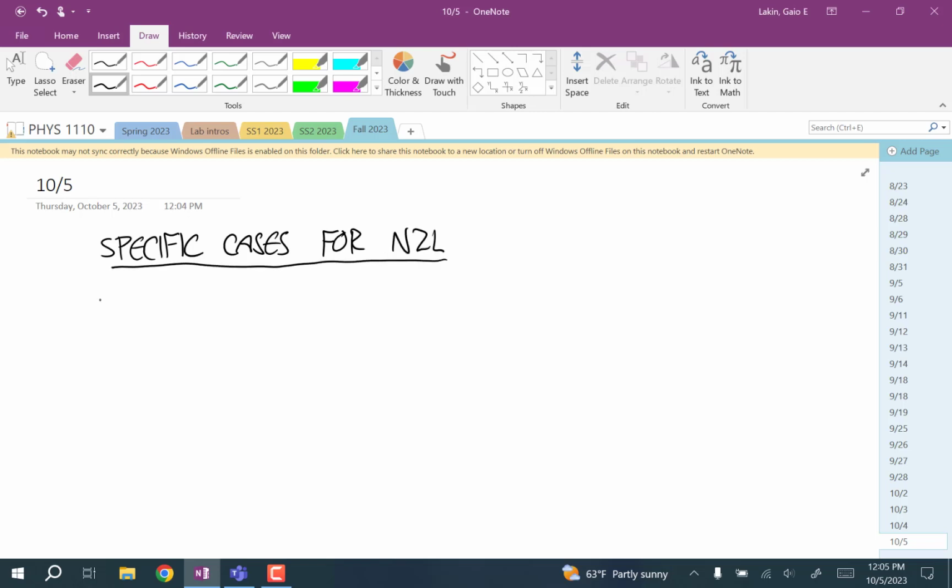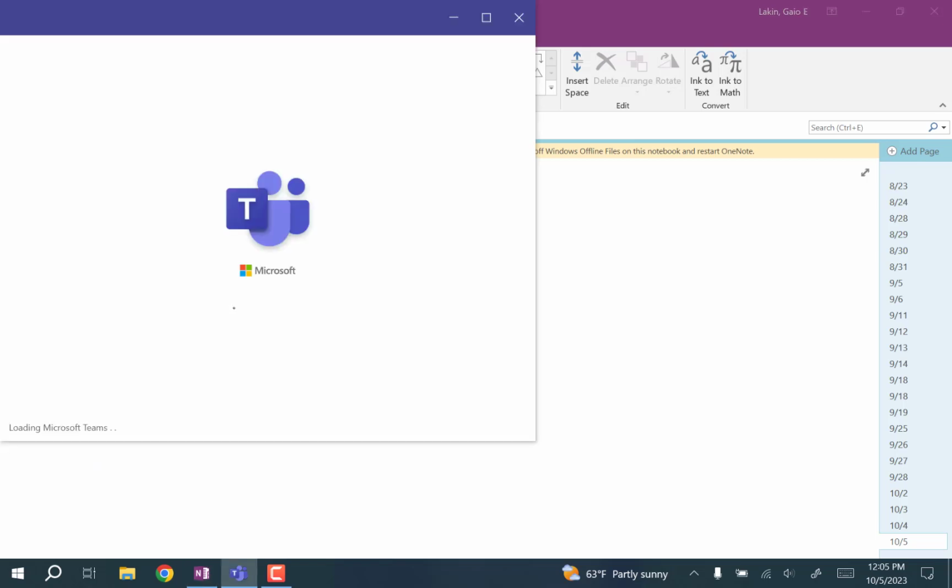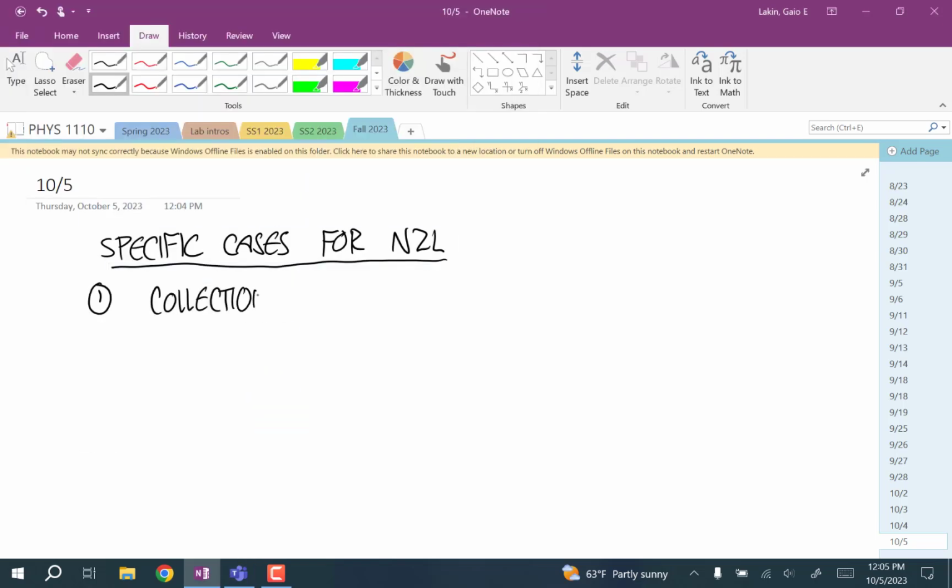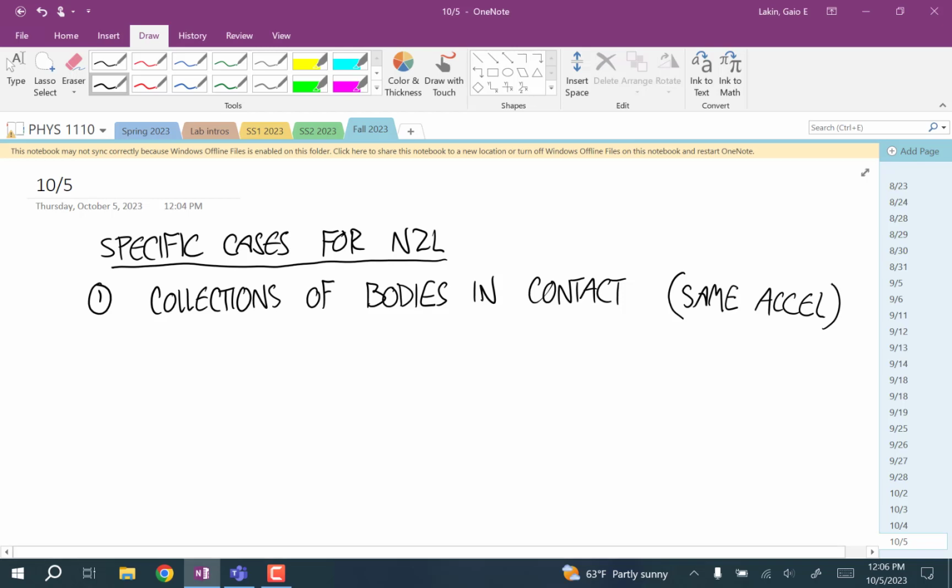The first one is when you have collections of bodies in contact that have the same acceleration. So we're just going to talk about, when you see stuff like that, how to approach it.